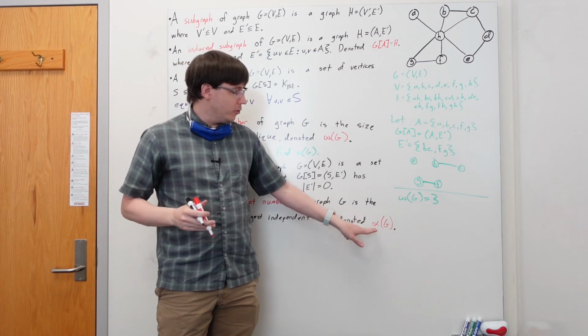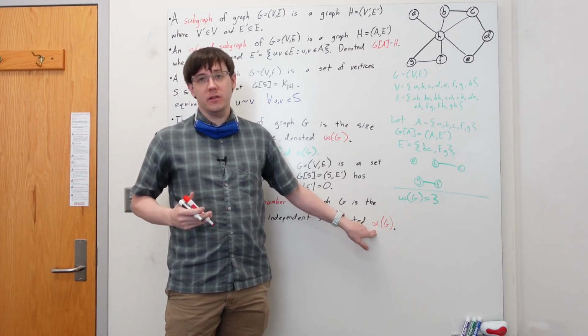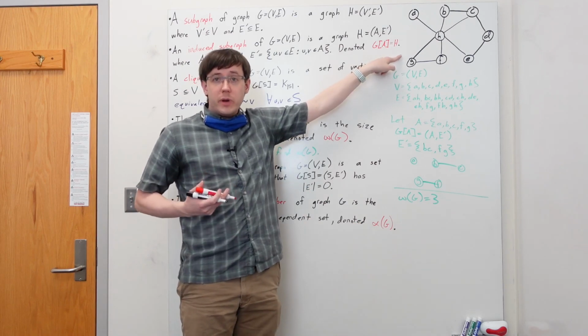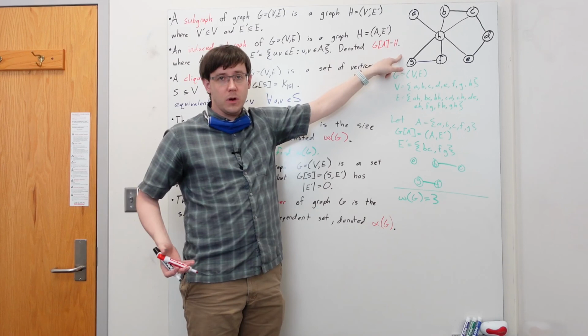And we use the Greek letter alpha to refer to the size of the largest independent set. So for this graph, we know that the independent set number is at least 4.